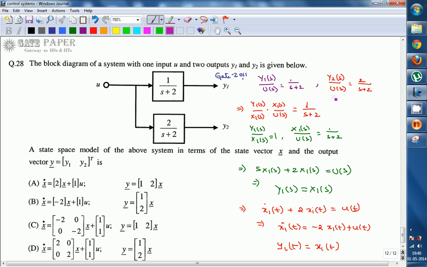Now I am considering the second expression, that is y2 of s divided by u of s equals 2 by s plus 2. Take it as equation 1.